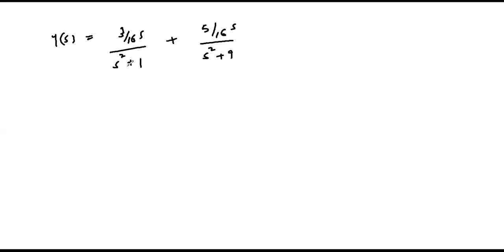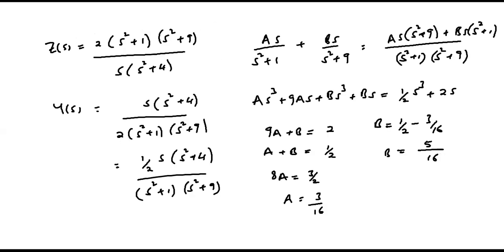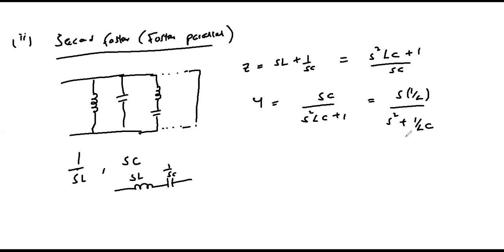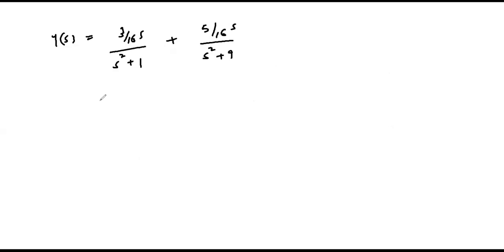Then we take each of the parts and compare with the admittance function of a series LC network, which we derived as S into 1 over L over S squared plus 1 over LC. So we compare those and we can say 3 over 16S over S squared plus 1 is being compared to S 1 over L.